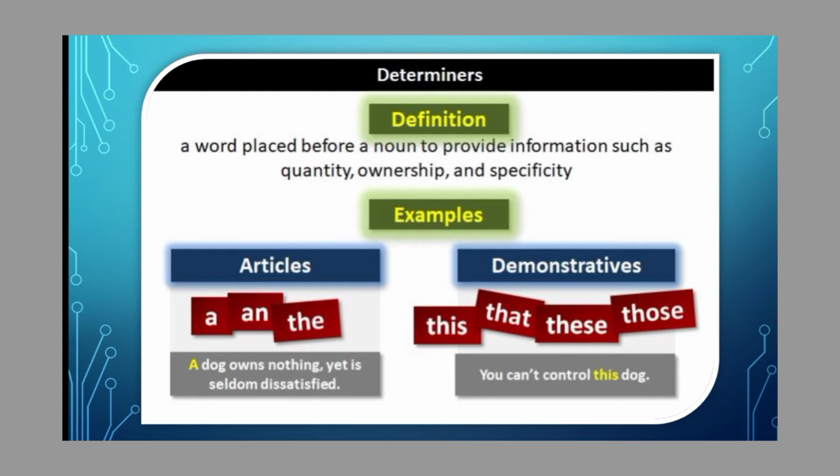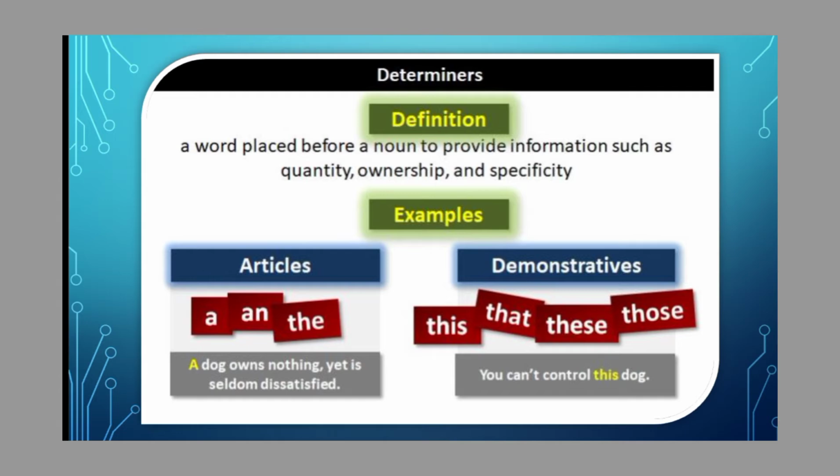And as I said earlier, the first example is articles. What are the articles in English? That is a, an, and the. The example: a dog owns nothing. It is seldom dissatisfied.